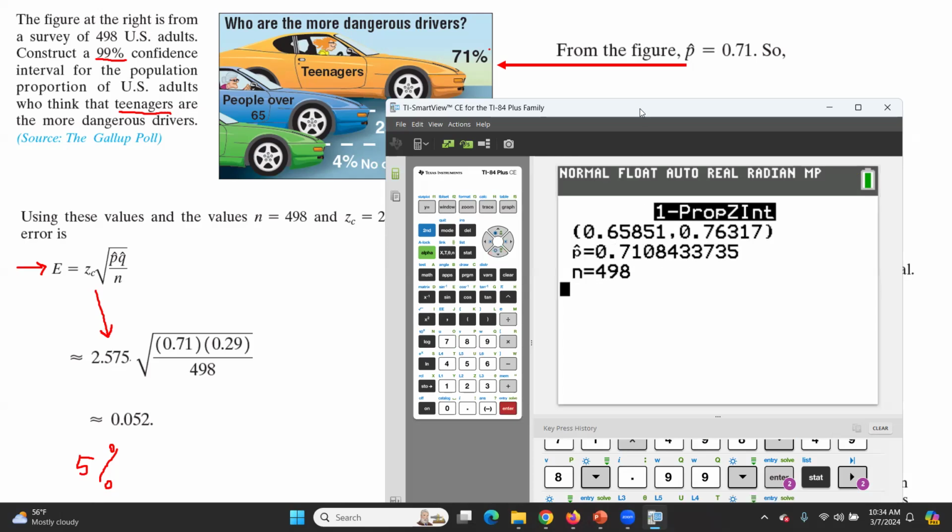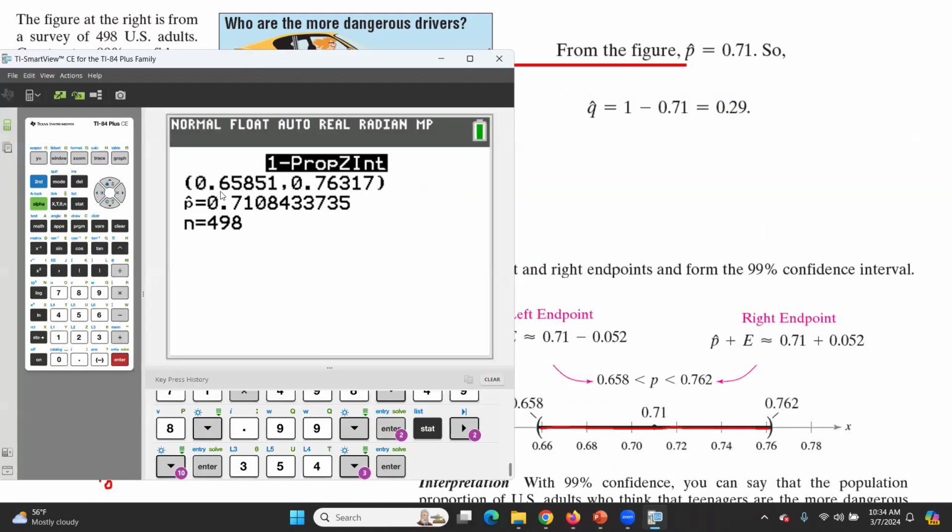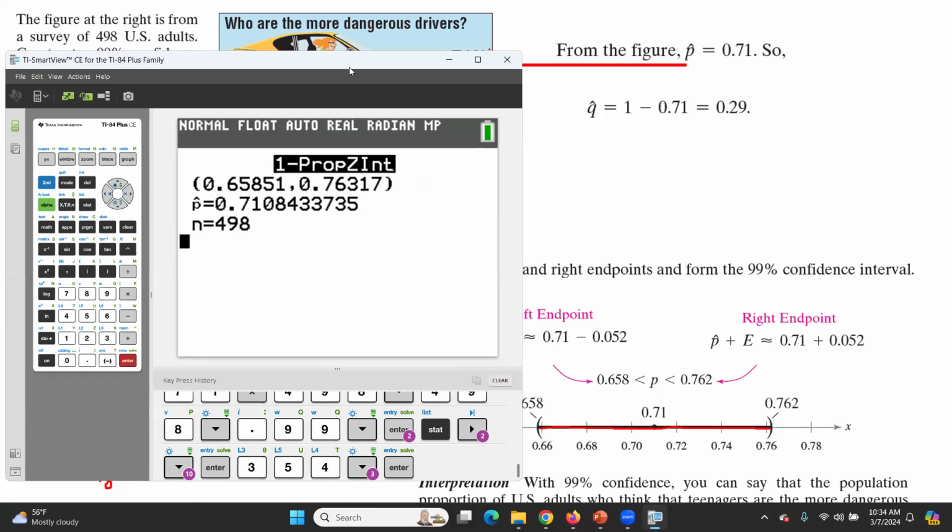Voila. Here you have the interval, which on the left-hand side says 0.6585, which is very close to the number that you have on the left-hand side. And on the right-hand side, you have 0.76317, which is very close to the number that you have on the right-hand side. So you can use your calculator to calculate the confidence interval as well.